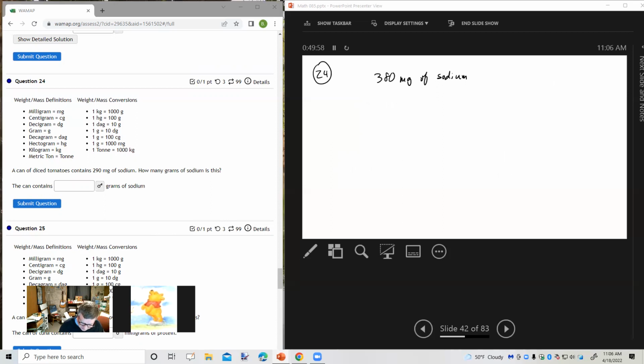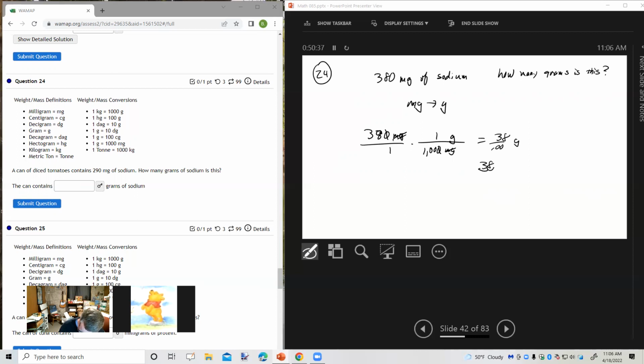How many grams of sodium is this? So we're going to go from milligrams to grams. 380 milligrams, and there are 1,000 milligrams in 1 gram. So I'll get rid of a 0. I've got 38 over 100 grams, taking 38 divided by 100, we get 0.38 grams.